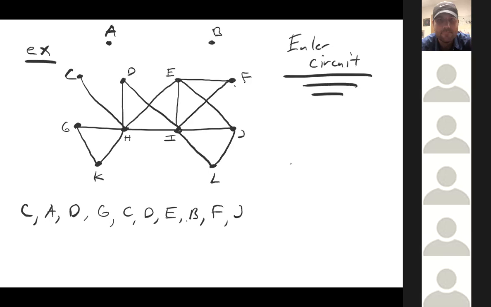Now I'm going to go over to I. That's not a bridge. So I'm going to go to I next. Oh, shoot. So hang on. Did that. So I went to I. My bad. Okay.